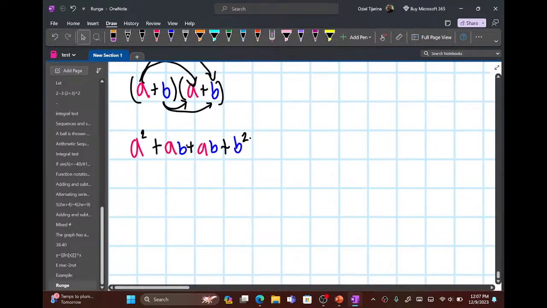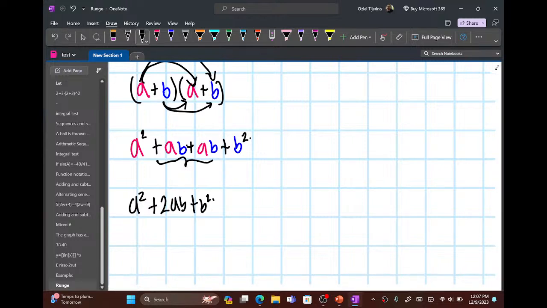So we have a squared, and these two you can combine, plus 2ab plus b squared equals a plus b quantity squared. So we know that that is what we get, right?